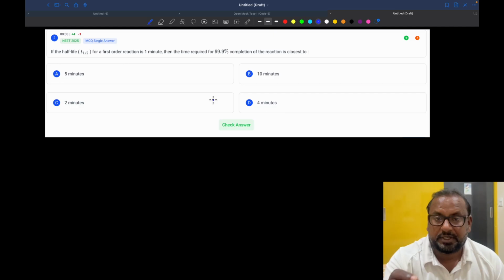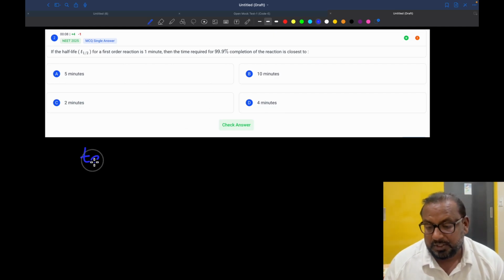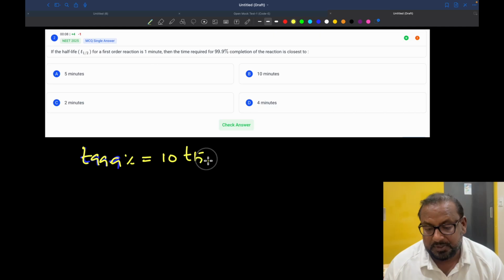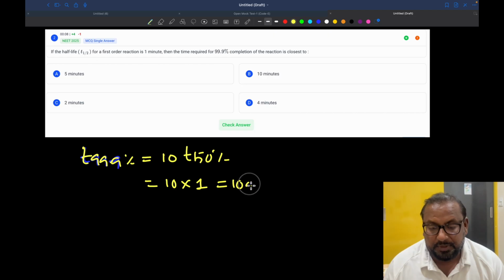We have derived a relation that t 99.9% equals 10 times t 50%. So this is 10 into 1, equal to 10 minutes.